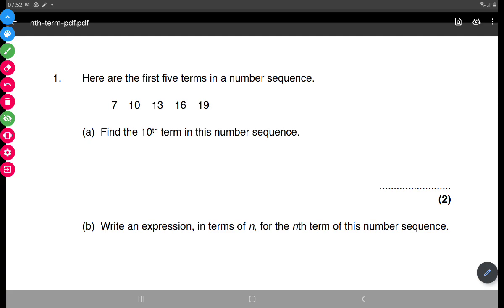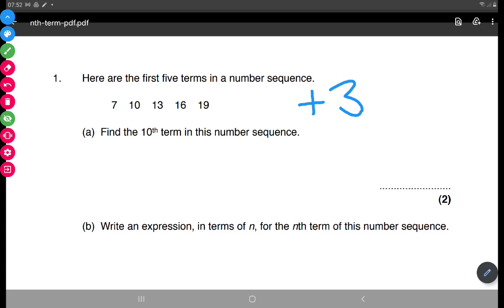Now in this case, obviously, it is adding 3 each time. So what we do, we use that information to start writing our algebraic formula. I'm just going to jump down to question 1b: write an expression in terms of n for the nth term of this sequence.